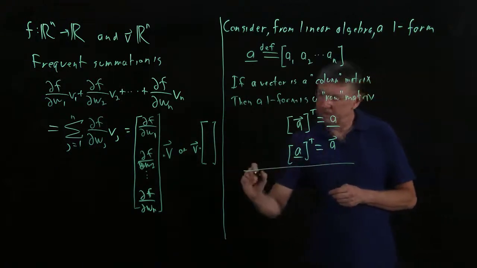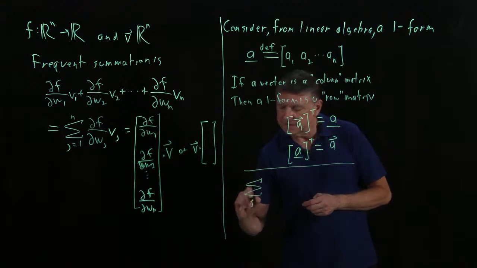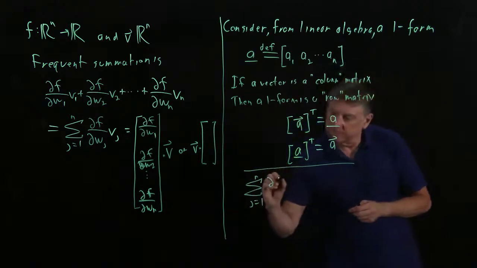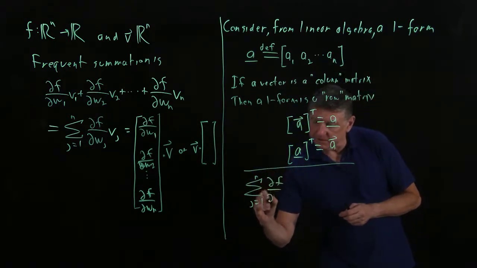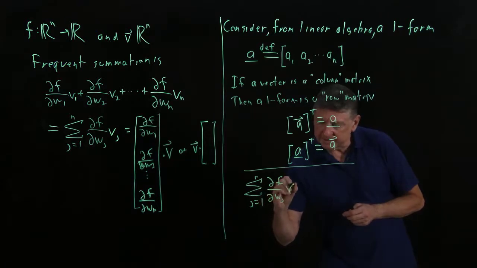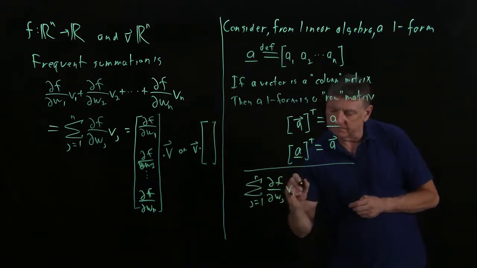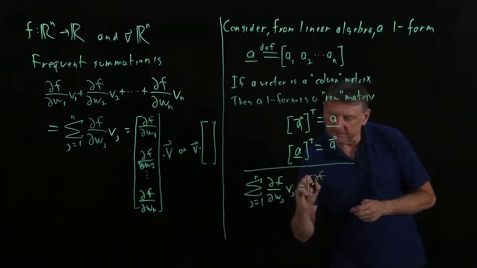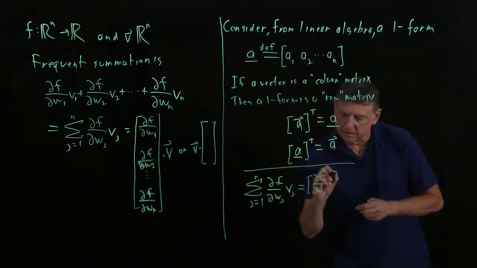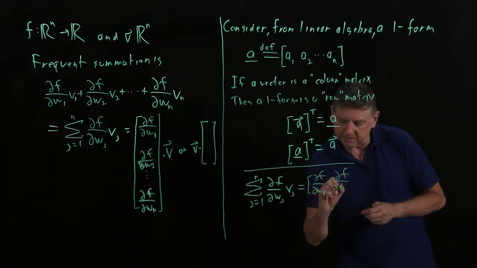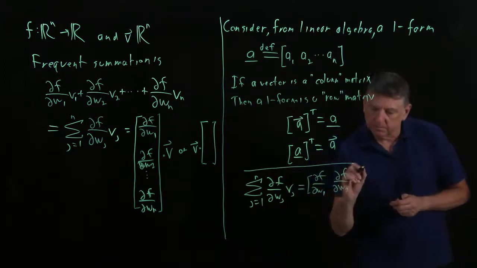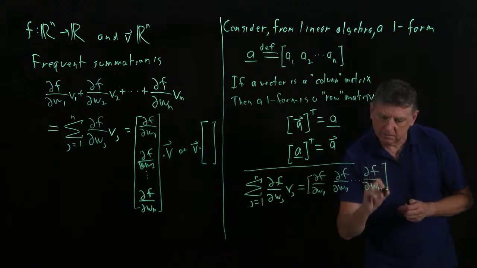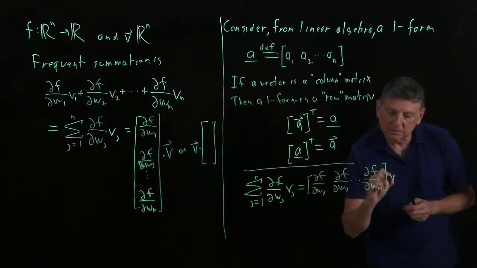We can say that the sum, as j goes from 1 to n, of the partial derivative of a function with respect to variable j times the jth entry of a vector equals the partial derivative of the function with respect to variable 1, partial derivative with respect to variable 2, and so on, partial derivative of f with respect to the nth variable times v.